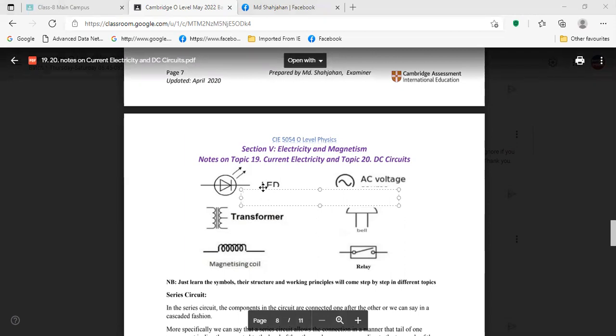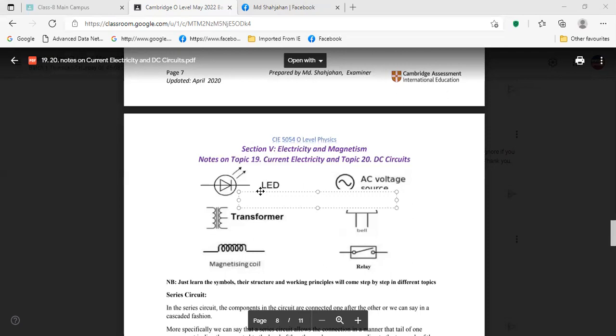If electricity passes through it, then it emits different colors of light. You see LED screen, right? LED screen we have for television, for laptop or any other monitors.